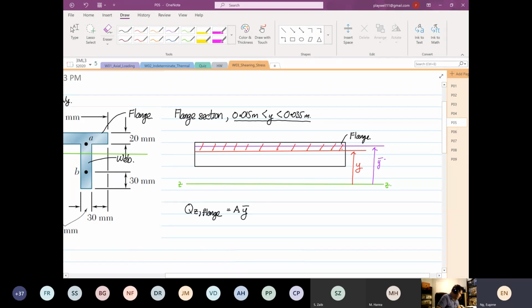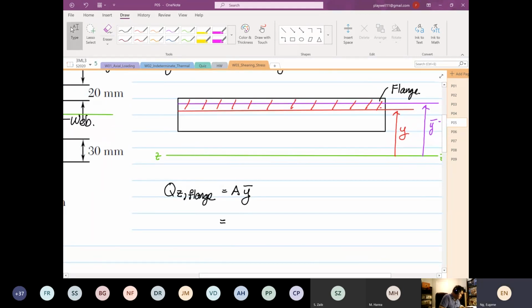Now y is our variable. If you look at the formula when we derive this, the area is the width multiplied by depth multiplied by y bar.